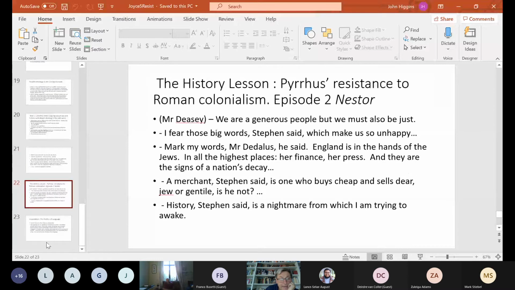And the fact that that kind of scepticism about nationalism, that rejection of force and violence, is shared by Stephen, is part of what brings them together in the end, and part of what, if you like, the message of the book is. We have to find ways of resisting violence.